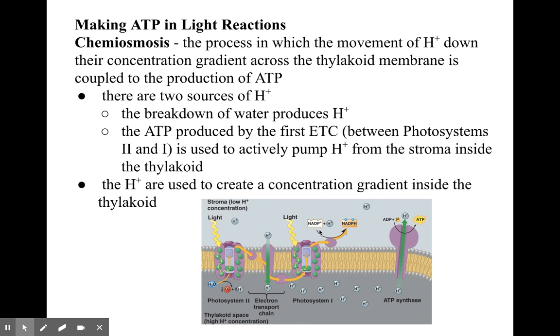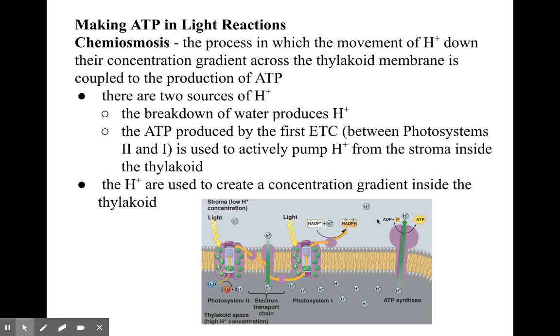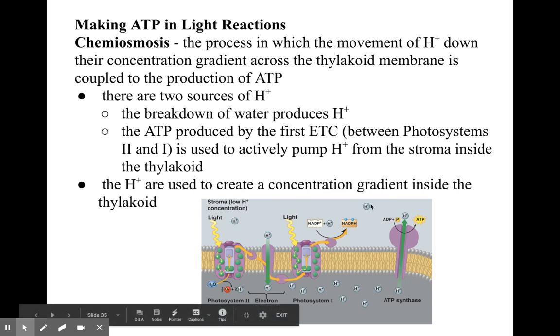Okay? So, because we create this concentration gradient, hydrogen ions are naturally going to want to go back over here and make it even. That's what diffusion is all about. It's the natural order of the universe. They always want to be spread out and even. So these hydrogen ions will then travel through this protein called ATP synthase.